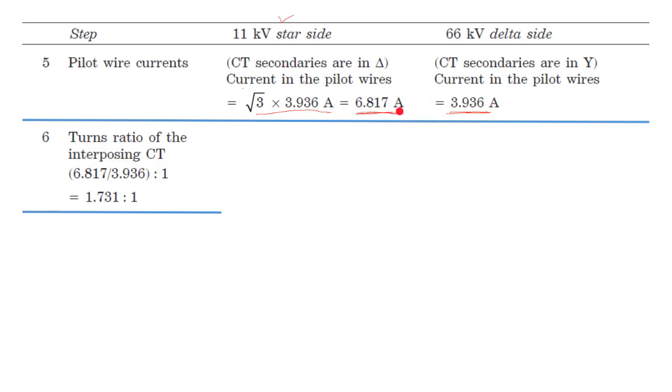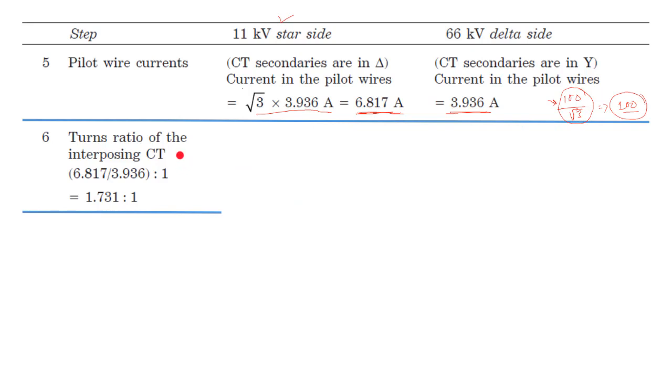We calculated the secondary side CT ratio as 100 is to 100 by root 3, but we took it as 100, because it is an irrational number and we cannot design such a CT with 100 by root 3 ratio, right.